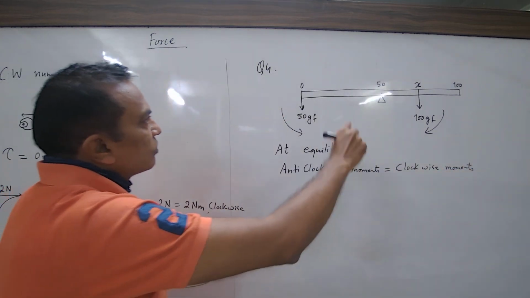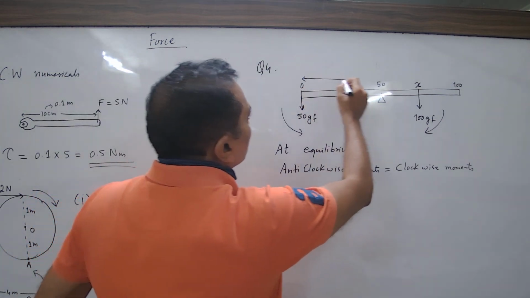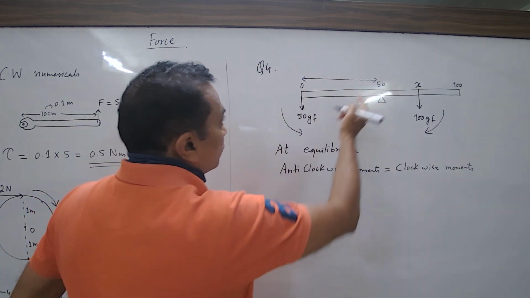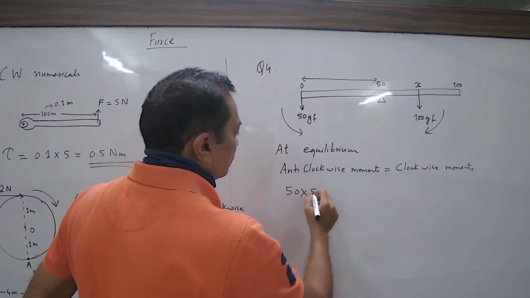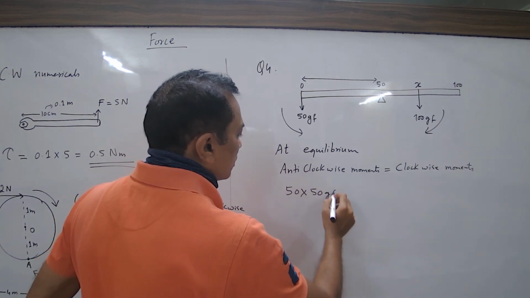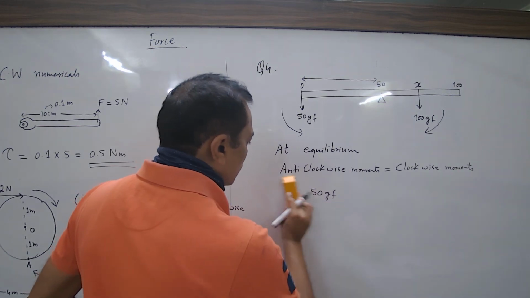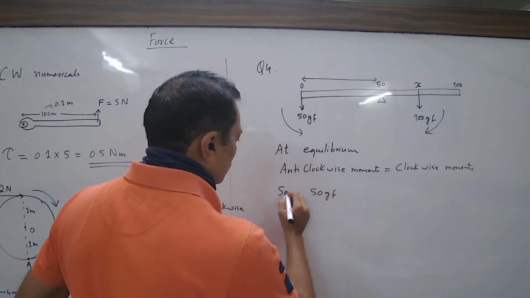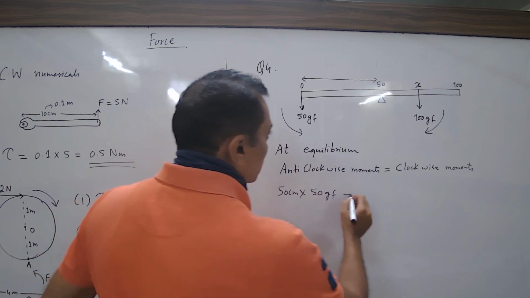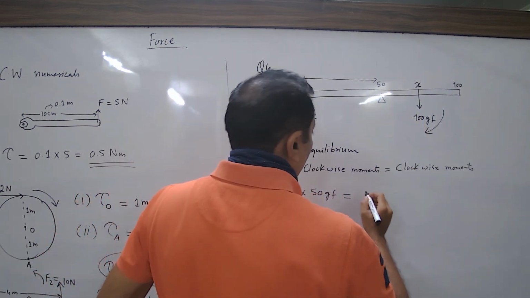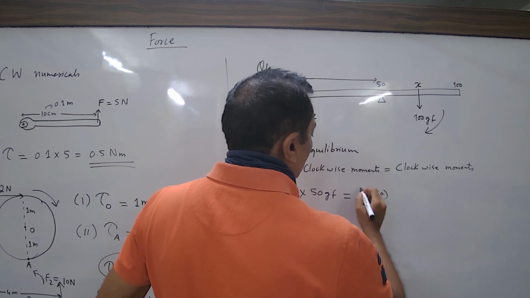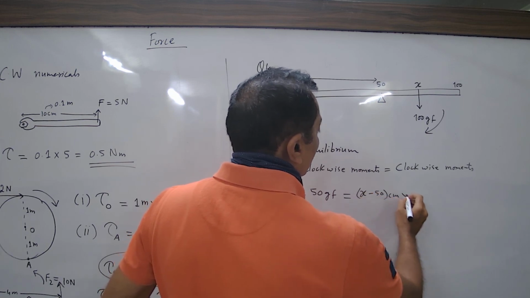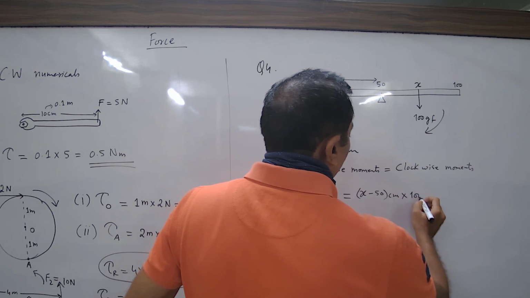So what is the anti-clockwise moment? 50 minus 0 is 50, into 50 gram force. This is equal to x minus 50, I don't know what x is, centimeter, into 100 gram force.